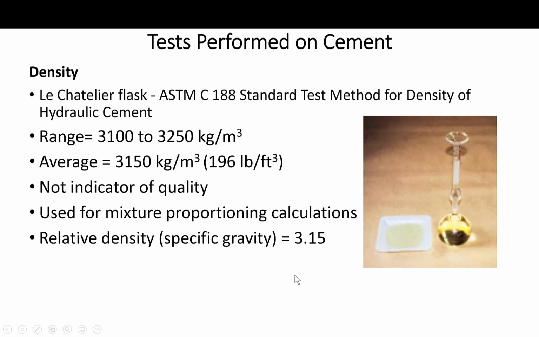The values are typically between 3100 to 3250 kilograms per cubic meter, average about 3150. This is not an indicator of quality. It is used for mix design, mixture proportions and calculations. And the relative density, the specific gravity of cement, is 3.15.